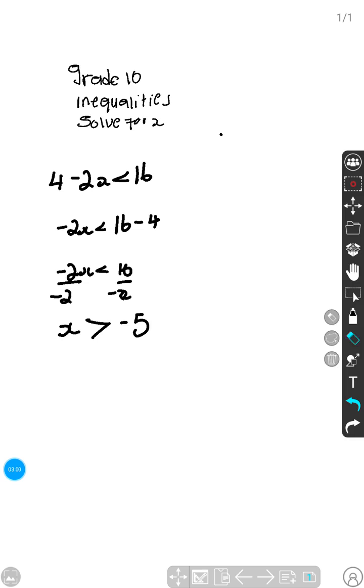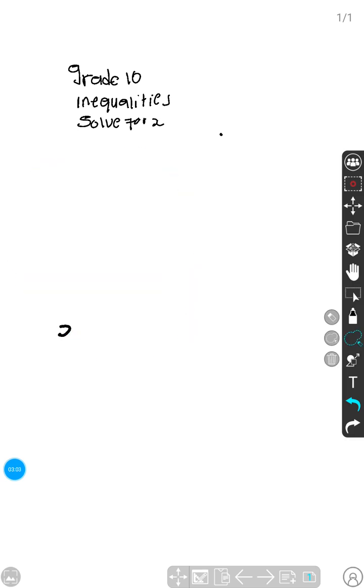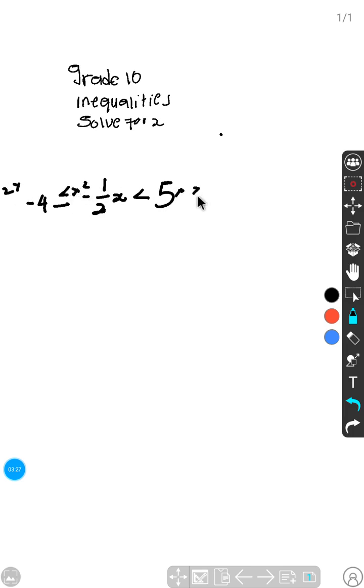Alright, let's look into another question. On this question, we have 1 over 2 x, actually minus x over 2, it's a minus, greater than 4 and less than 5. Okay, so the first thing that we're going to do, we're going to multiply each side by 2. So 2 times minus 4 is going to be minus 8, and this 2 is going to cancel this one, then we are left with minus x. 5 times 2 is 10.